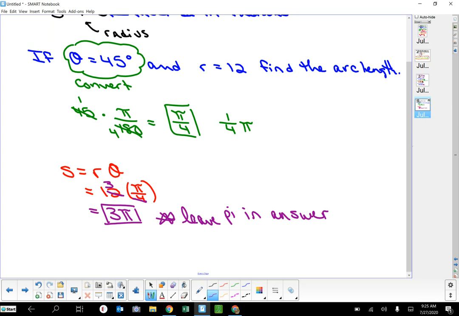To type this answer in, there is a box. You can go to a formula editor and find pi, or you can literally type in 3pi and it will turn it into 3 pi over on the side. So you'll get the hang of it pretty quickly. It's a very easy application to use. All right, so that's how you use arc length.